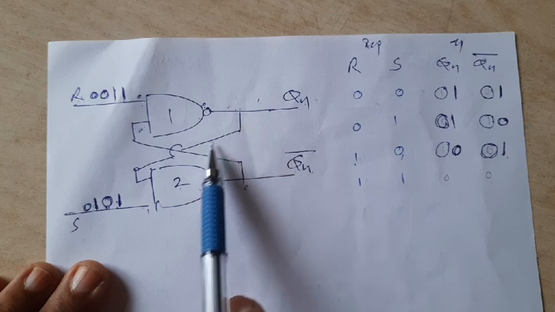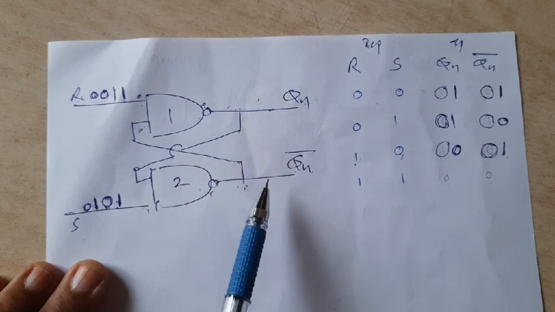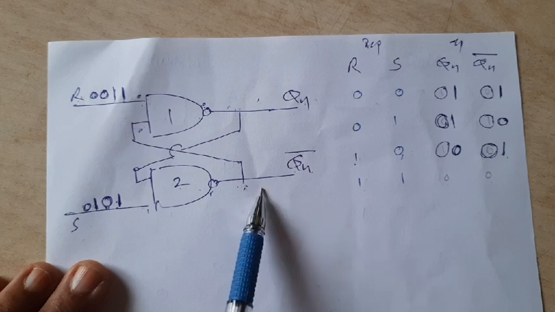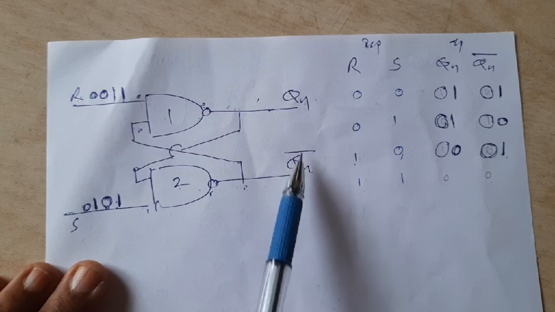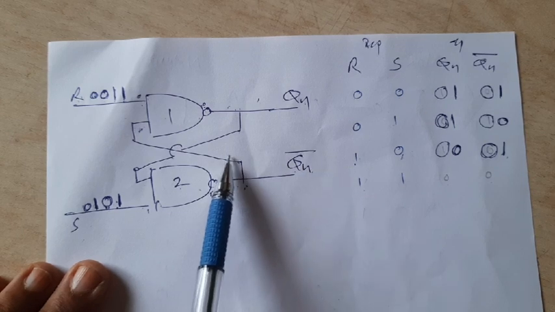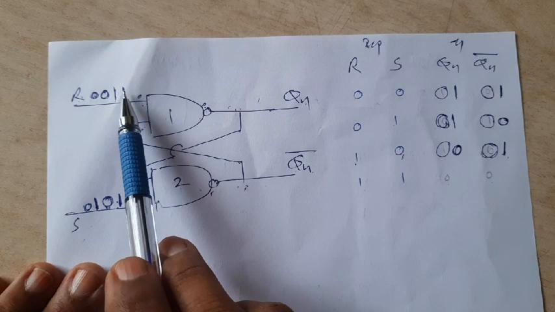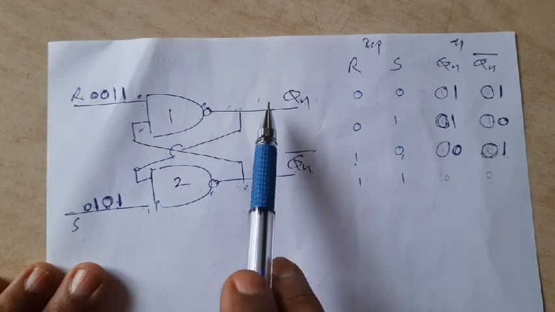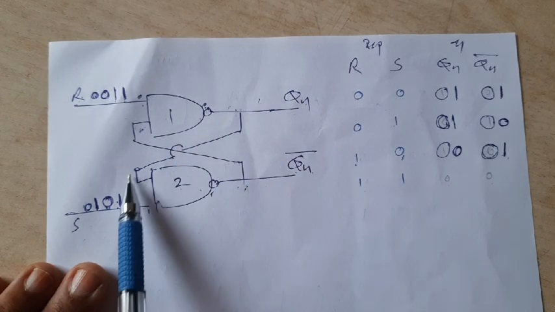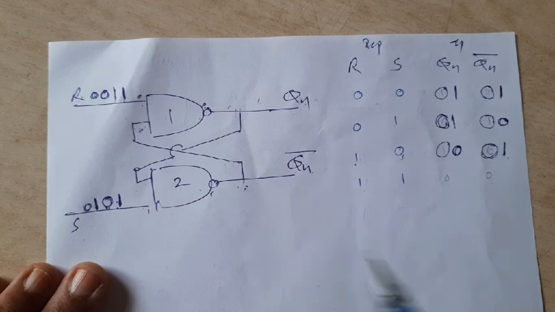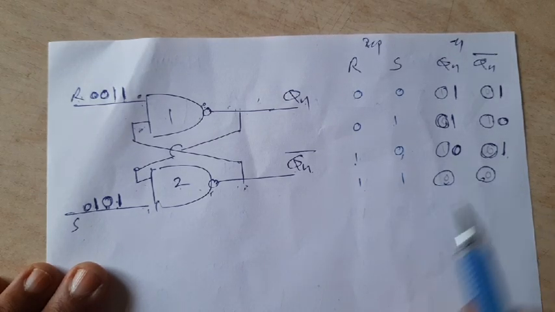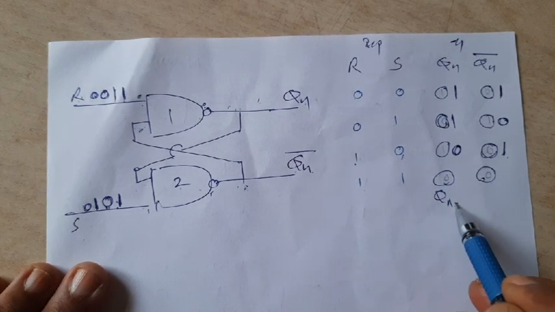And as this input is 1, the output will be 0, so it is maintained. If 0, it remains 0. If Qn bar is equal to 1, then what will happen? This one acts as input. Both are 1 1, so here it is 0. This 0 will maintain this one, and hence here I will have to write the state is maintained.